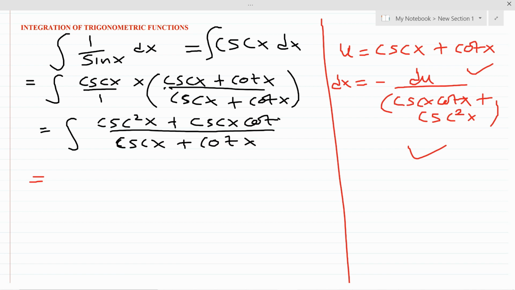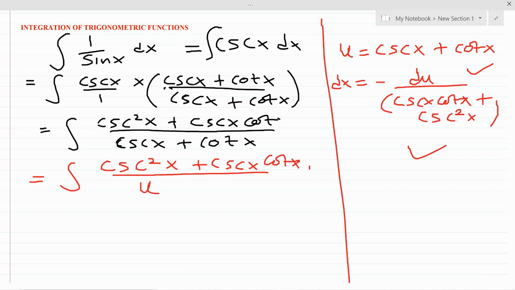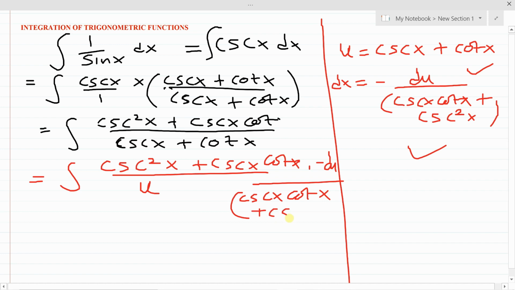If you put everything back in, the whole of this is equal to the integral of cosec squared x plus cosec x cot x, over u, times negative du, all over cosec x cot x plus cosec squared x. Now cosec x cot x plus cosec squared x is at the top, so this and this will cancel, and we'll be left with the integral of negative du over u.